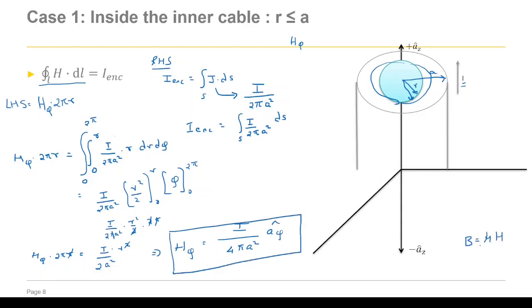Now, since the magnetic flux density is equal to the permeability times magnetic field intensity, I may as well rewrite this equation as magnetic flux density is equal to mu 0 I times r divided by 2 pi a squared.